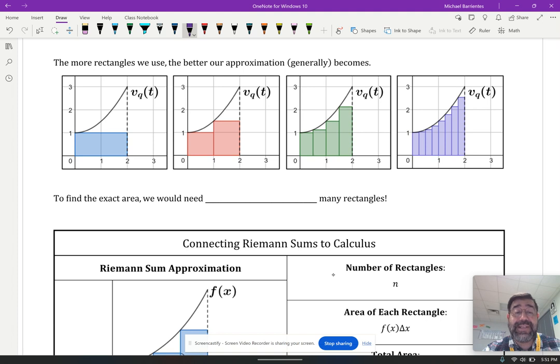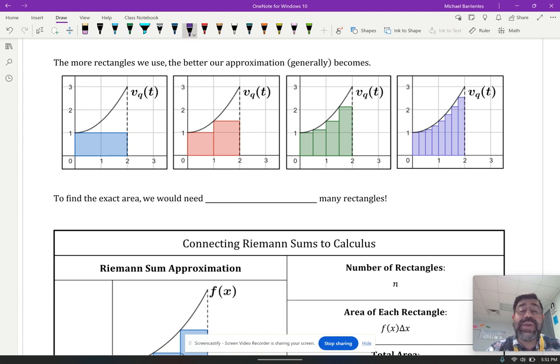We drew two rectangles. These are left-sided Riemann rectangles. We shaded a little bit more. What would happen if we shaded 4 rectangles? Do you notice how this empty space keeps shrinking? At first, there was a lot of space that I didn't get. In the second example, I shaded a little bit more. In the third example, I shaded a little bit more. When I come to this one, there are 8 rectangles here.